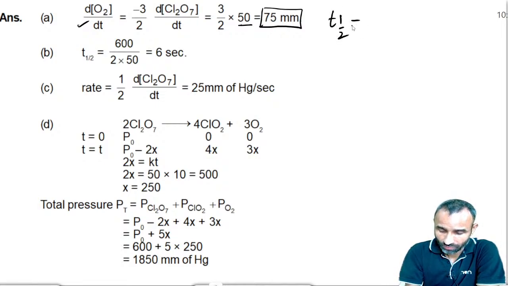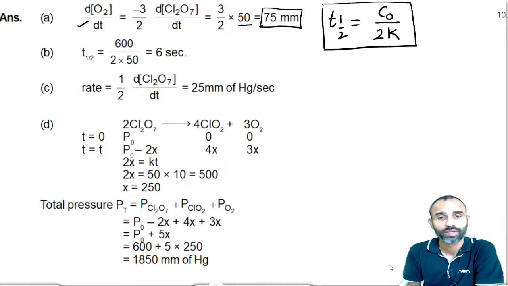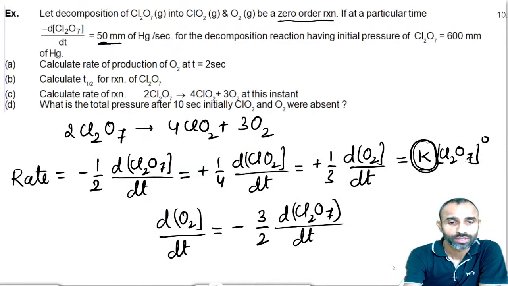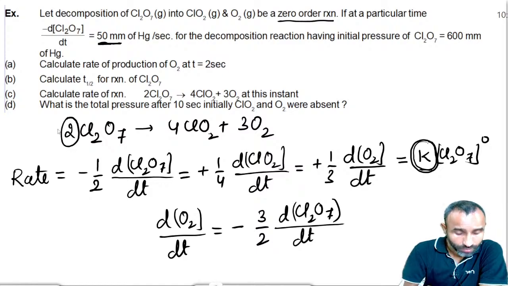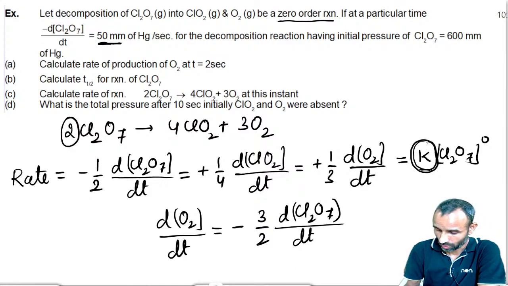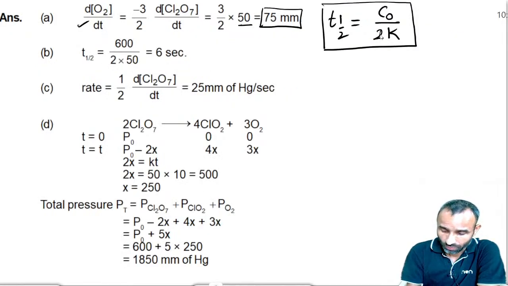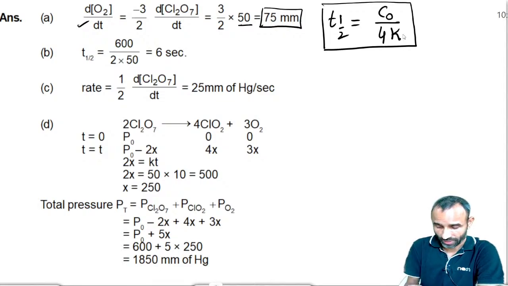What is t half for a zero order reaction? P naught by 2K, and minus d[Cl2O7]/dt, they say it is 2, so it comes out to be 4K. Got it?